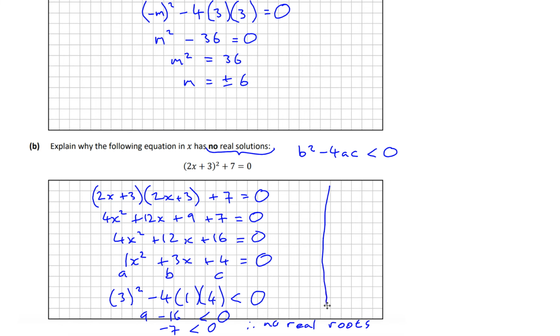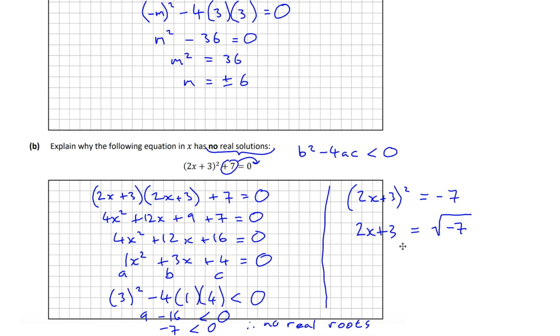Okay, the other easier way, quicker way maybe to do it is as follows. If I just bring the plus 7 across to the other side here, I get 2x plus 3, which is squared, is equal to negative 7. And if I now get the square root of both sides, the square root of 2x plus 3 squared is just 2x plus 3. And over here I'll have the square root of minus 7.